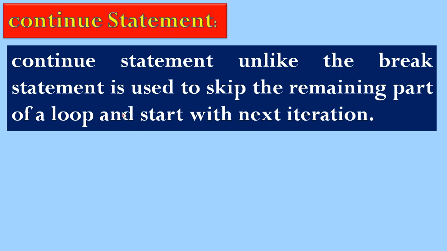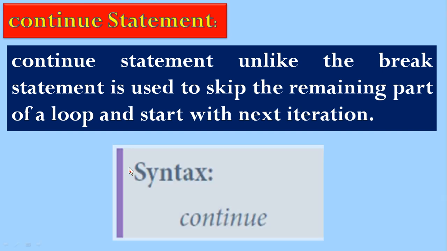It does not break the for structure or while structure, but it skips the remaining part of the loop after the continue statement and begins the next iteration of the current loop structure.